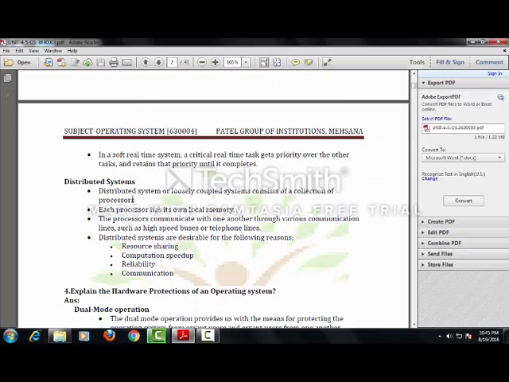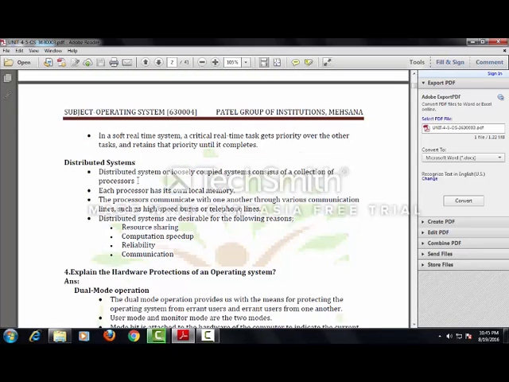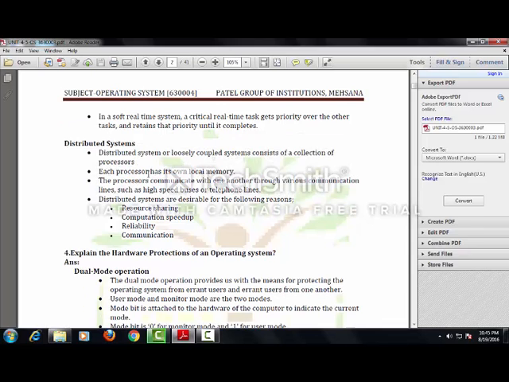Next one is distributed system. Distributed means we are making replicas of resources in different systems, right? So a distributed system, or loosely coupled system, consists of a collection of processors.